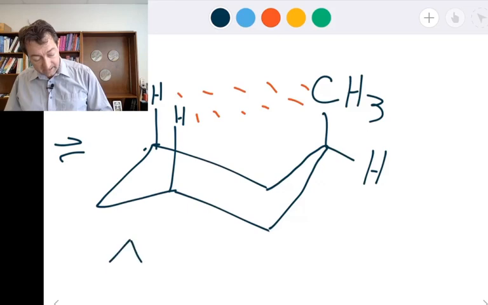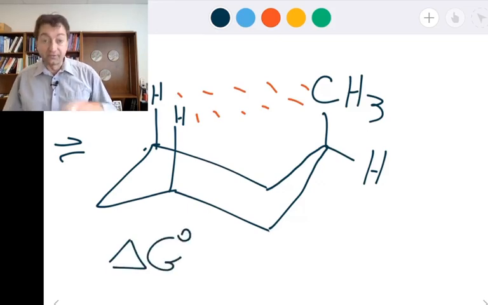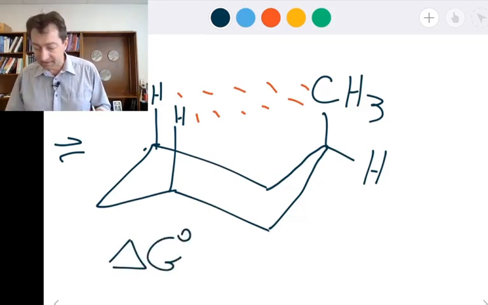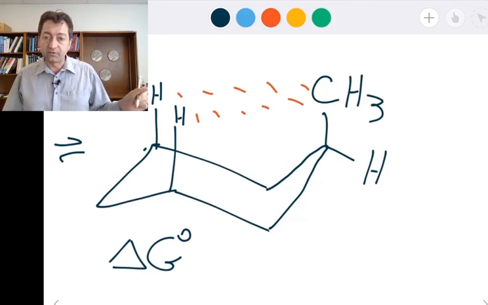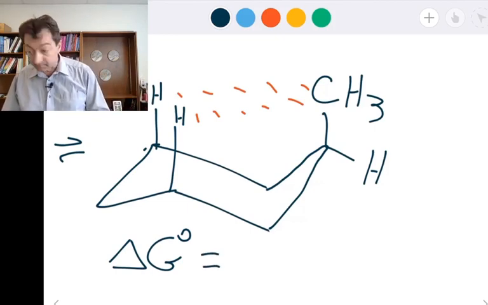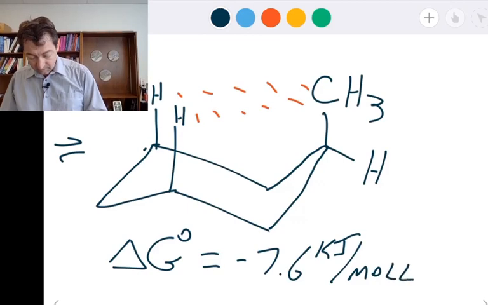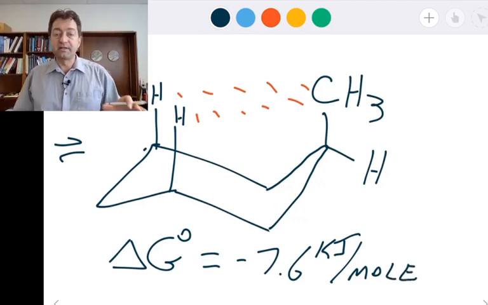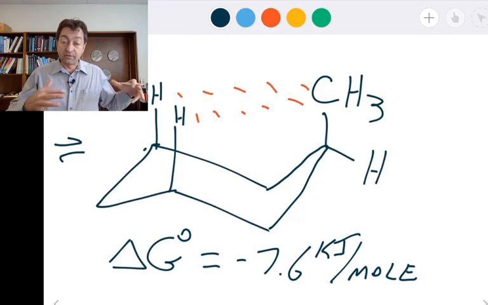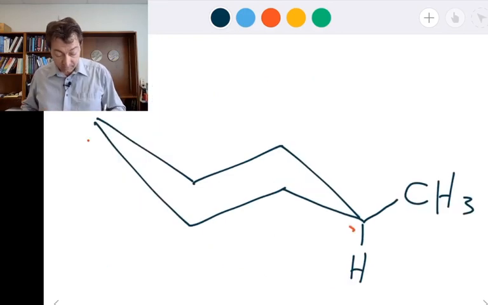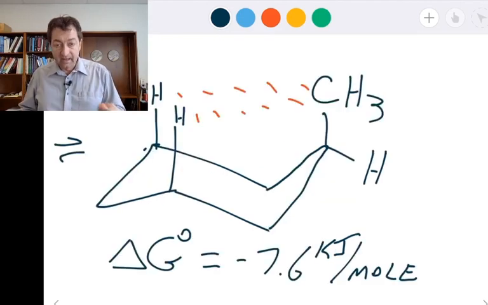Again, we look at free energy, delta G, and we'll come back to this more in chapter 6, but the difference in energy between the equatorial and the axial conformation here is minus 7.6 kilojoules per mole. The equatorial conformation, where that methyl group is sticking out, is lower in energy than the one where it's sticking up in an axial position by 7.6 kilojoules per mole.